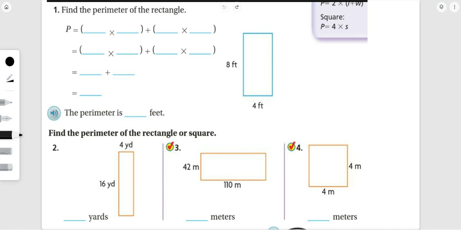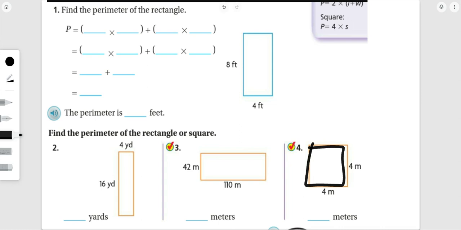A couple other things to keep in mind is rectangles can look very different as long as they have opposite sides that are equal and four right angles. So if you look at number 2 looks kind of similar to the rectangle that we have on top. But if you look at 3, it looks a little different than this rectangle. It's turned. Number 4 is actually a square.